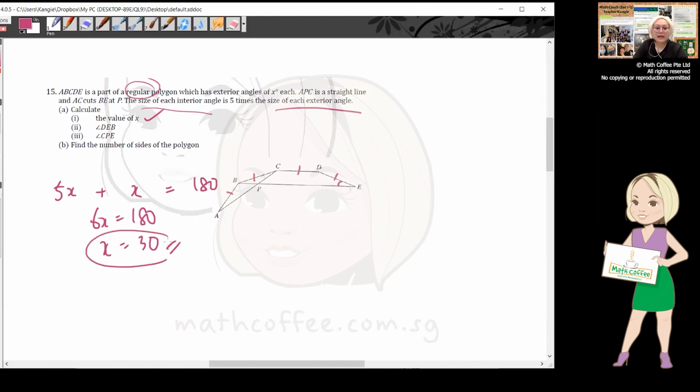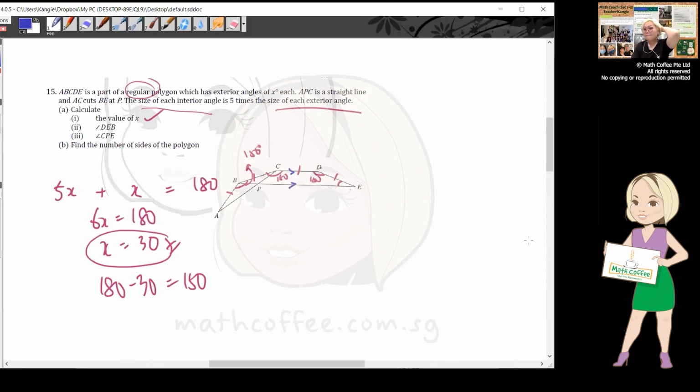Now, I know the exterior angle is 30. I take 180 minus 30, I have 150. This big one is 150. All the interior angles are 150. You need to take note that there is a property over here: this CD line is parallel with BE.